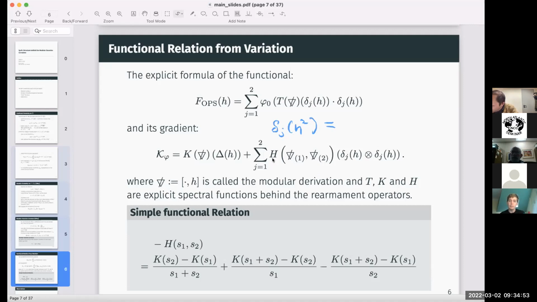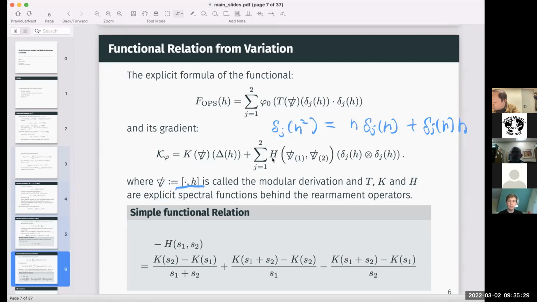You have H times delta J of H plus delta J of H times H. But you cannot combine this into 2 times this. So I use this commutator to move this H in front.